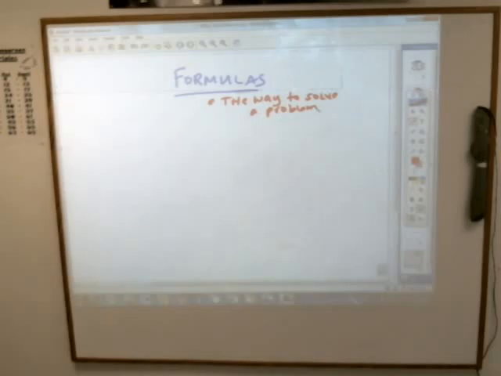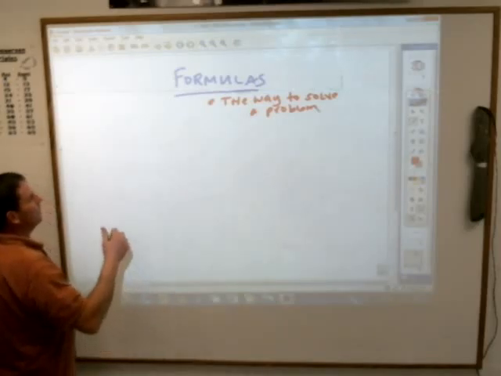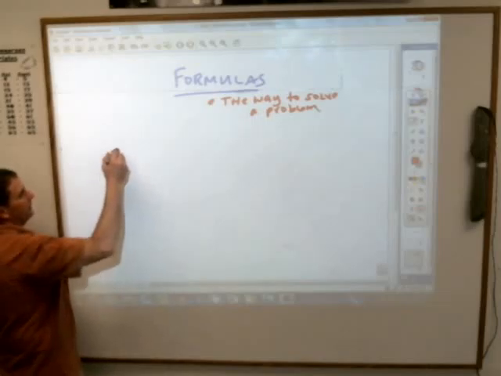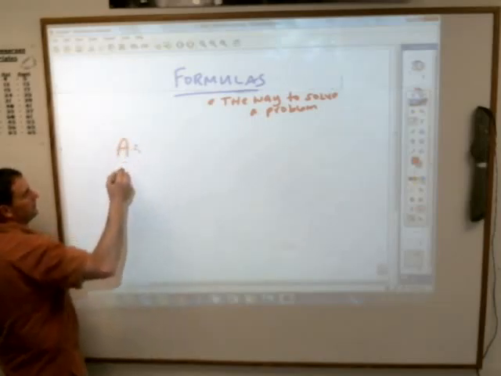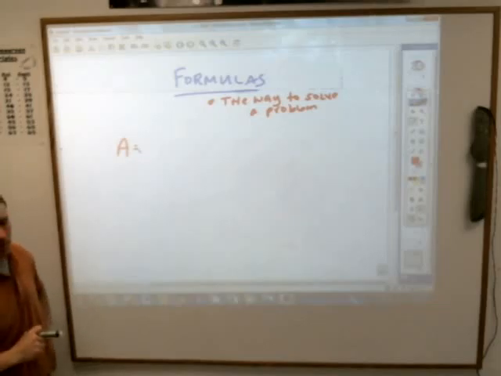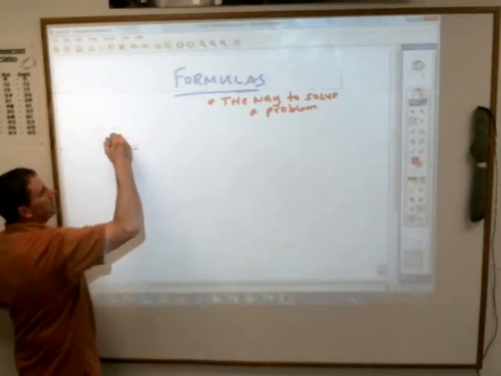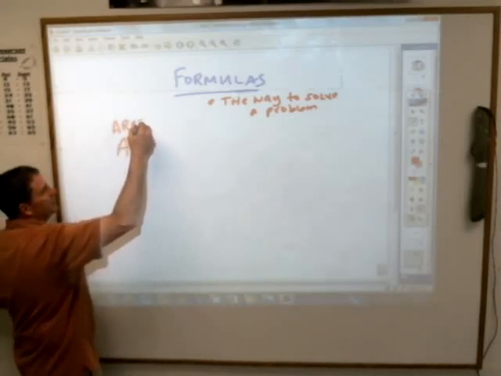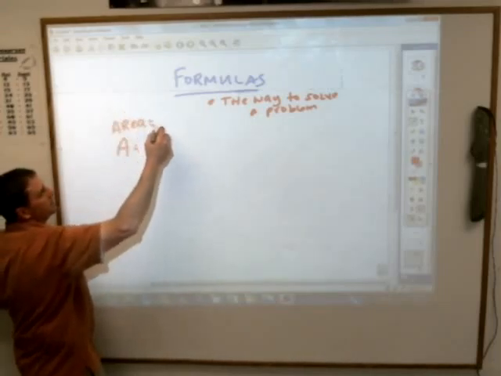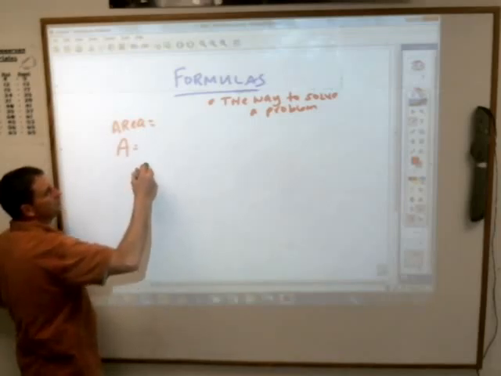Did we do the whole formula sheet, or was that 6th grade? That must have been 6th grade since nobody's jumping in. We've got a couple formulas. First of all, one of them is to find the area of something. The formula for the area of a rectangle or a square is, what do we do?